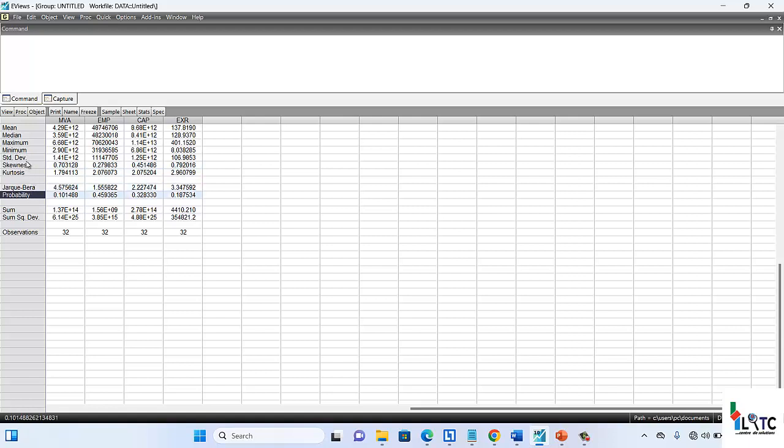of Jarque-Bera. The skewness here measures the asymmetry or lack of asymmetry in this particular data set. So this skewness indicates whether this particular data set, that is manufacturing value added, for instance, is skewed toward one side, or it is evenly distributed around the mean.